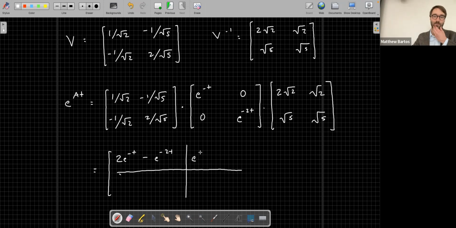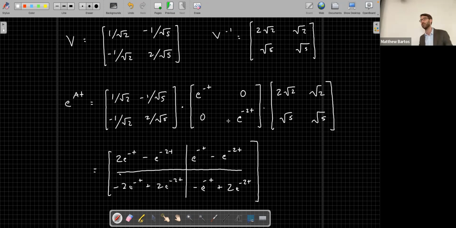In the second row, we have negative 2e to the negative t plus 2e to the negative 2t, and the final element is negative e to the negative t plus 2e to the negative 2t. That's what you get when you multiply out this big matrix product, and this is the matrix exponential.